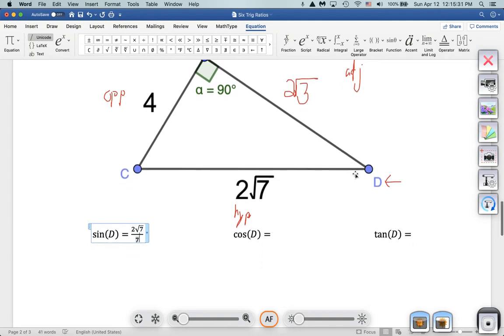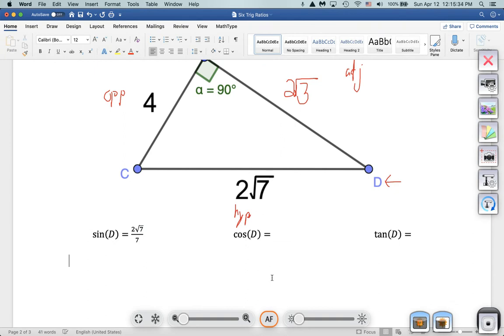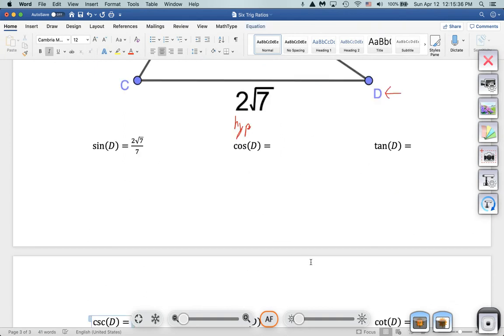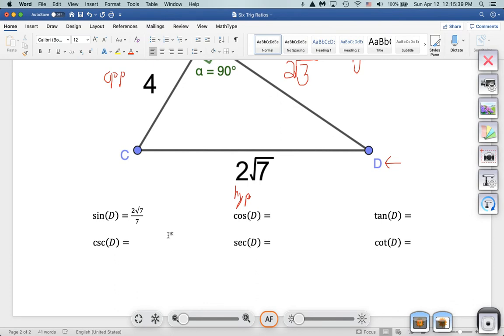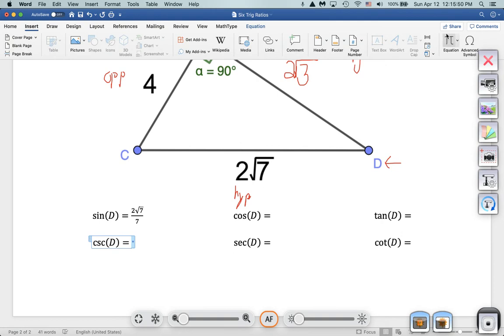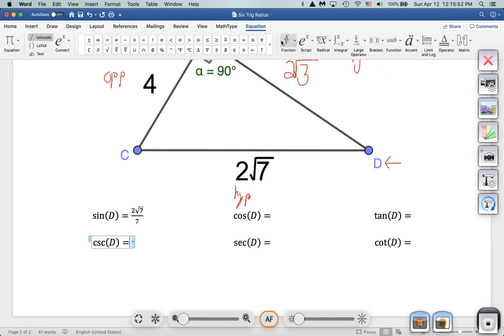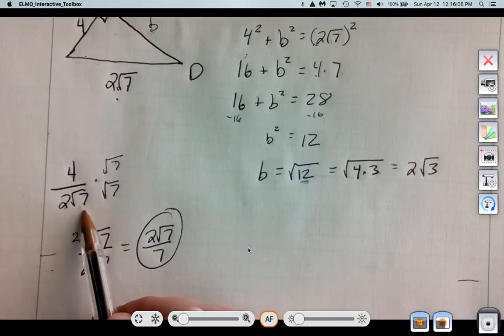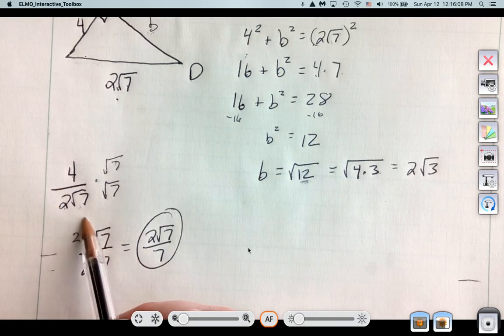Now, what's really nice about that is I can get these reciprocals back up there. The cosecant is just going to be the reciprocal of the sine function. So again, I'm going to go back to, remember what it was here, because I rationalized the denominator.